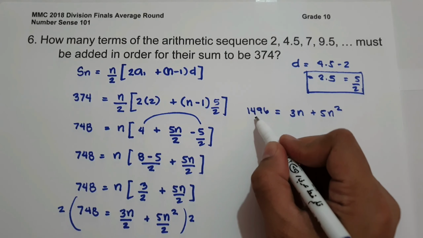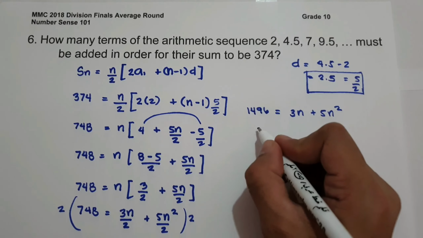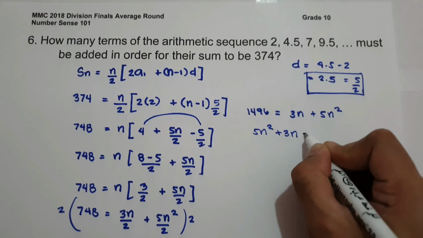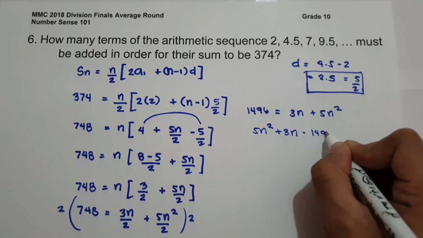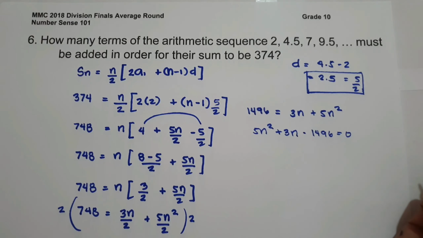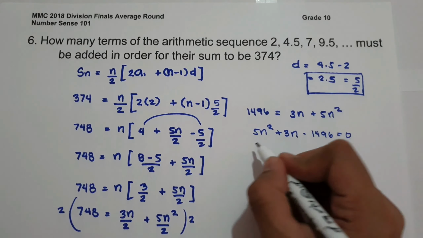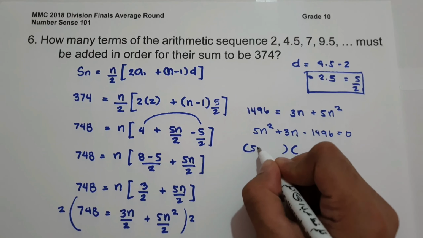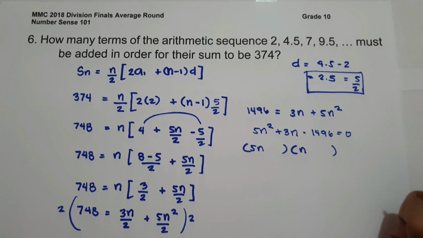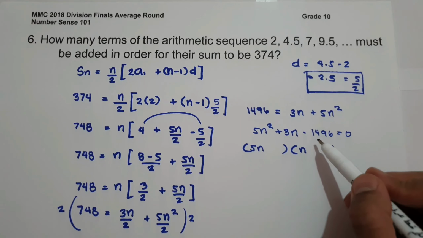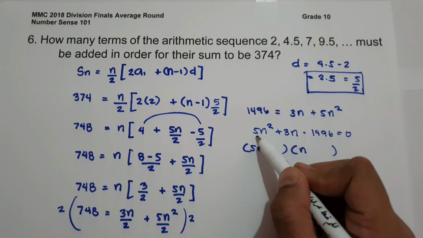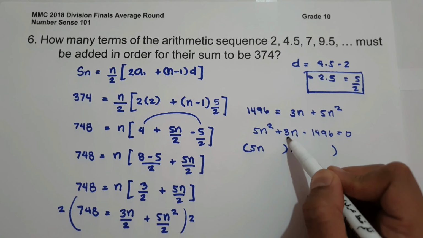So let us move 1496 to the other side. It will give us 5n squared plus 3n minus 1496 equals 0. So let us factor this one. The factors of 5n squared are 5n and n. And what are the two numbers that, if we multiply, we can get 1496, and if we add, considering the value of a, that is 5, we can have the sum of 3?